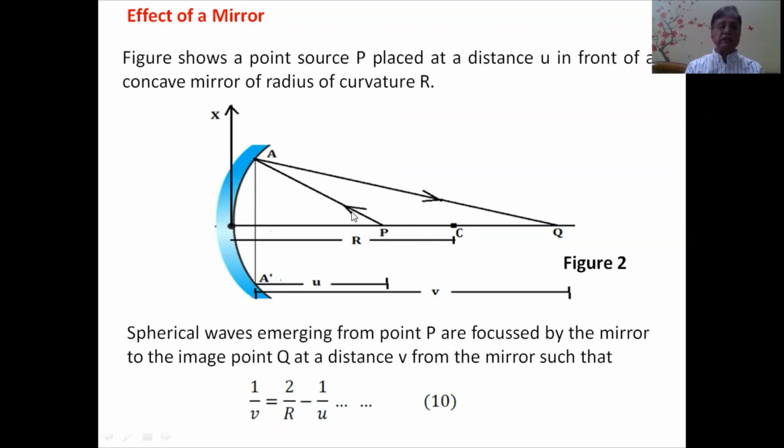So P is the object point, Q is the image point, C is the center of curvature, this distance is u, this distance is v, and this radius of curvature is R. Now we know the formula, 1 by v plus 1 by u is equal to 2 by R. So we can write down 1 by v is equal to 2 by R minus 1 by u.